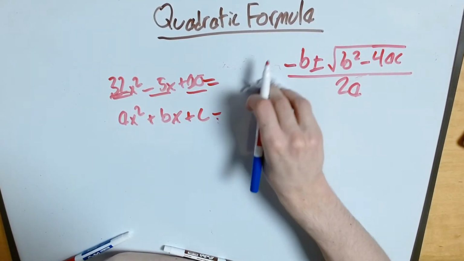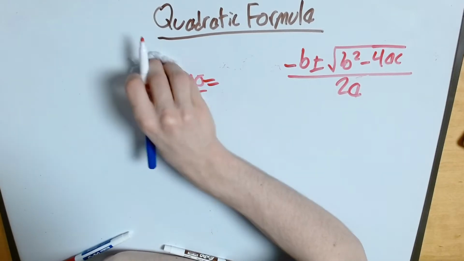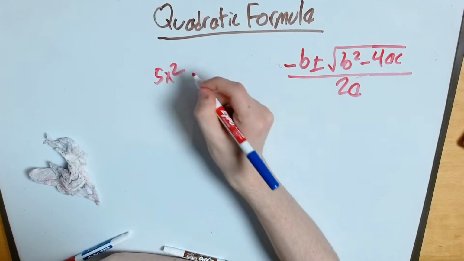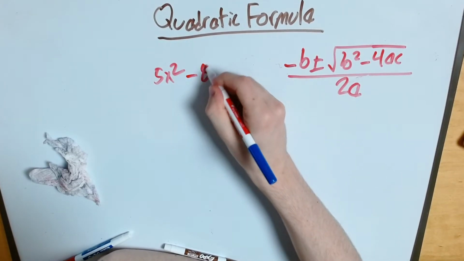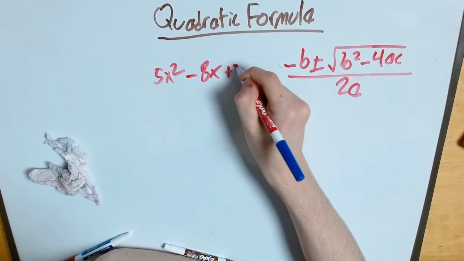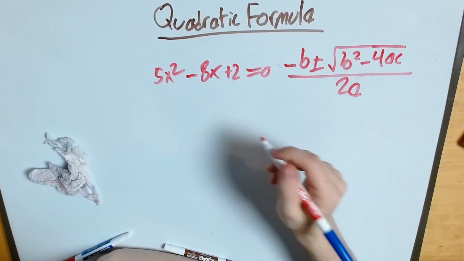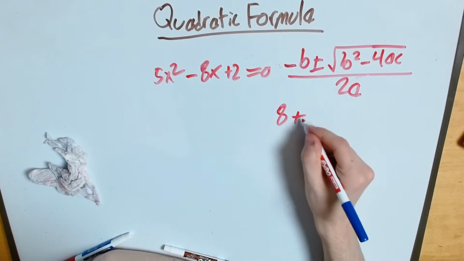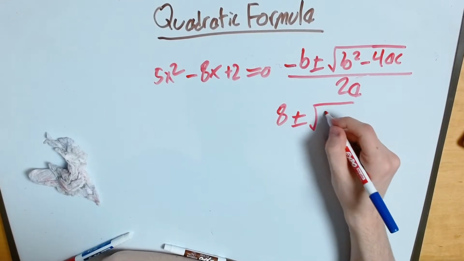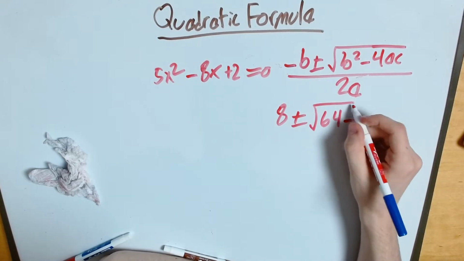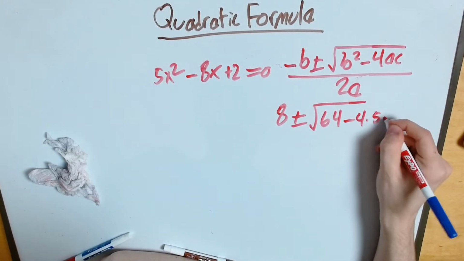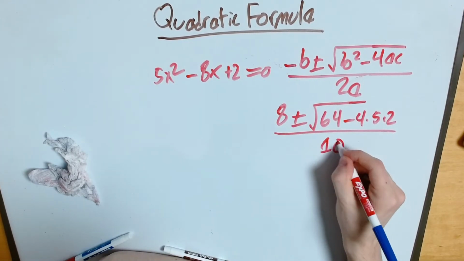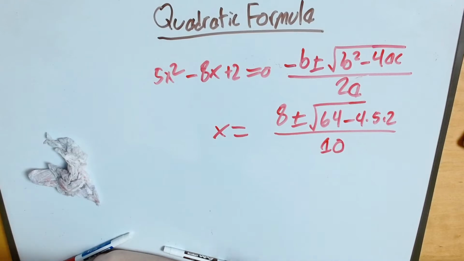So let's pick an easy one to do. Let's say 5x squared minus 8x plus 2, right? Let's do that. So minus negative 8 turns into a positive 8, plus or minus the square root of 8 squared, or 64, minus 4 times 5 times 2, all over 2 times 5, or 10, and x equals this, right?